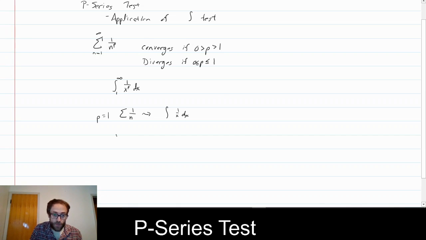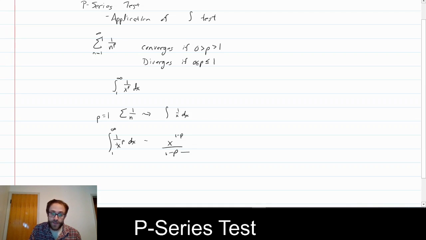So we know that 1 over n to the p, or 1 over x to the p, when p is not equal to 1, we integrate that. We get, say from 1 to infinity, x to the 1 minus p over 1 minus p.